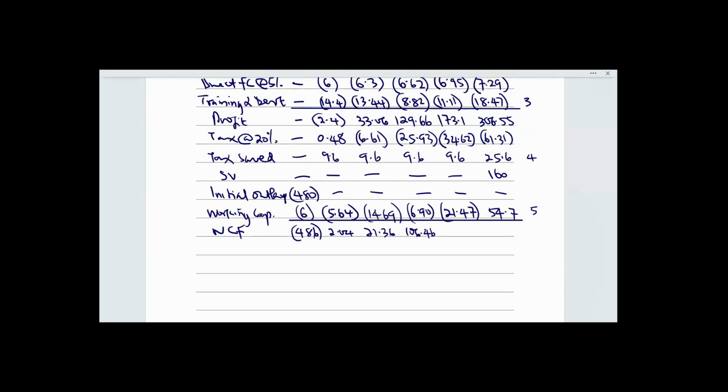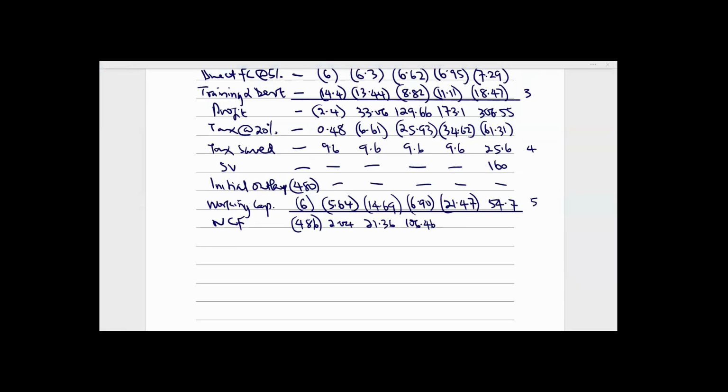The fourth year, 173.1 minus 34.62 plus 9.6 minus 21.47 equals 126.61.